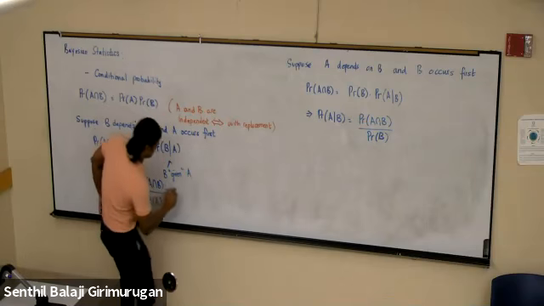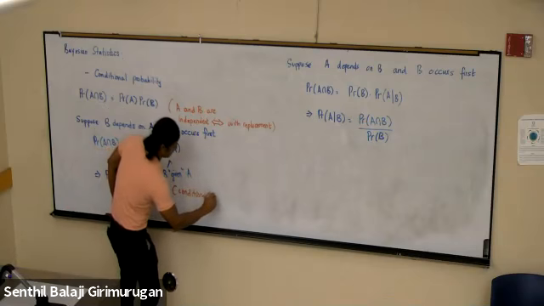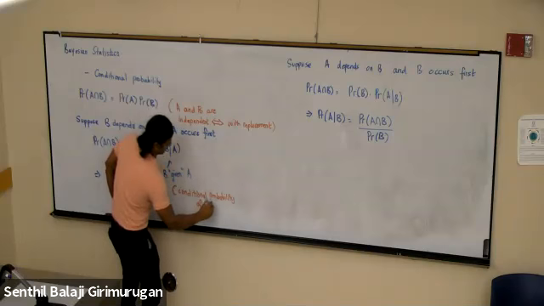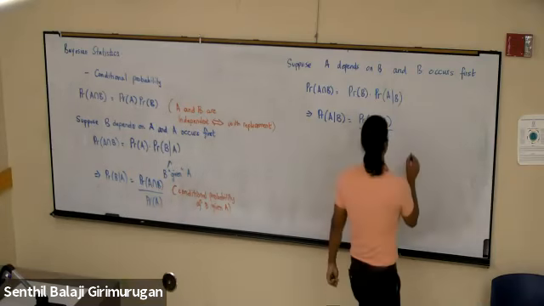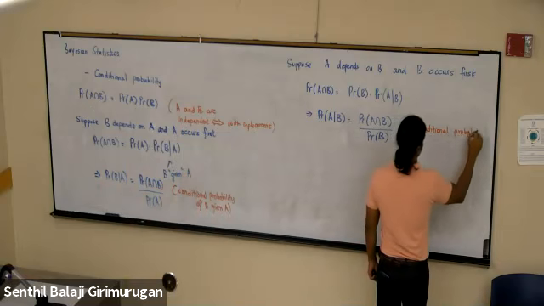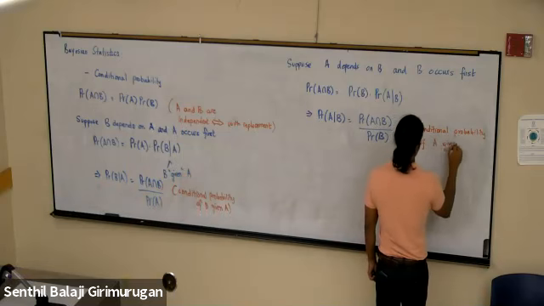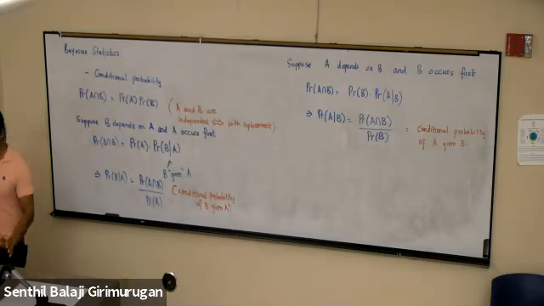So this is the conditional probability of B given A. That is the conditional probability of A given B.